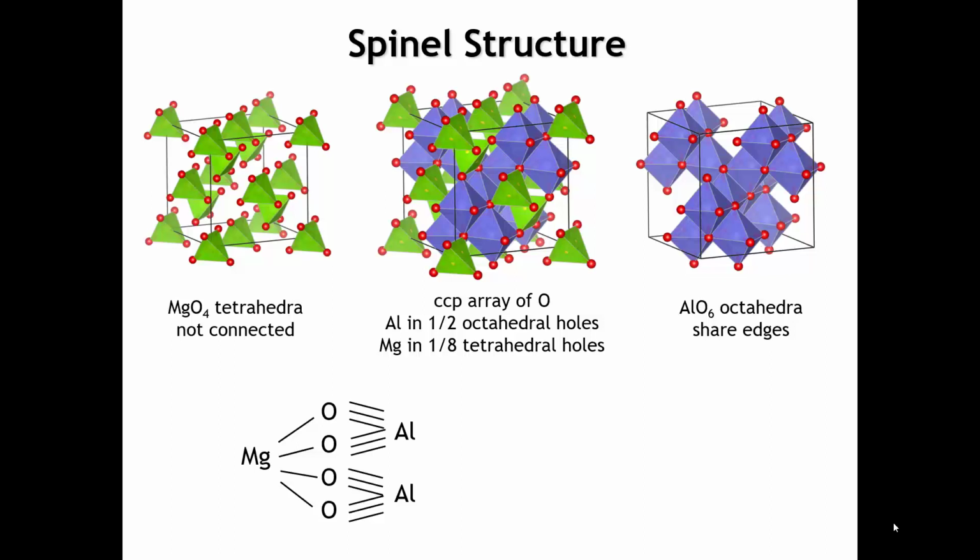You can see here that the oxygen makes 1 bond to magnesium and then 3 bonds to aluminum. So we could write the crystal chemical formula in this way. Magnesium's coordination number is 4, aluminum's coordination number is 6, and then the oxygen has 4 neighbors, 1 magnesium and 3 aluminums.